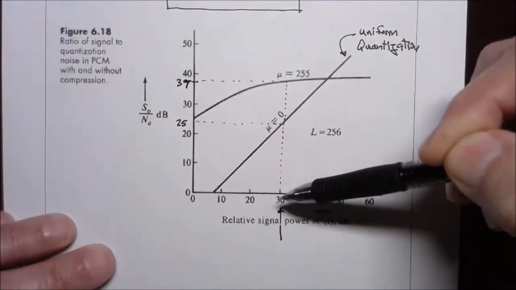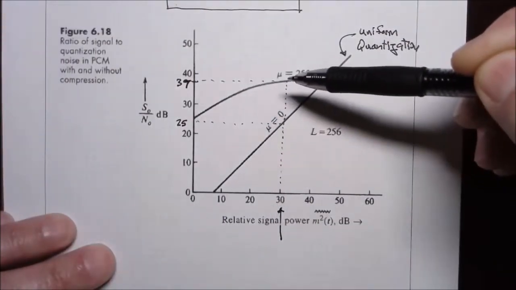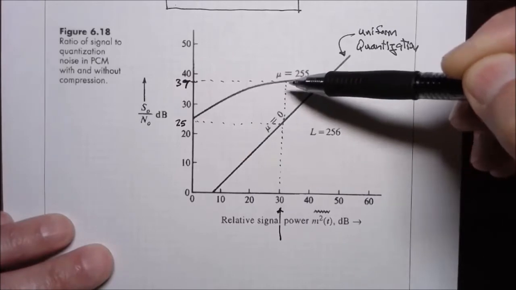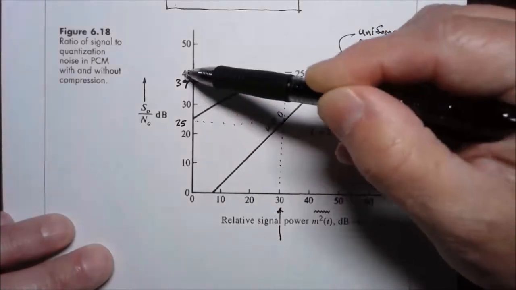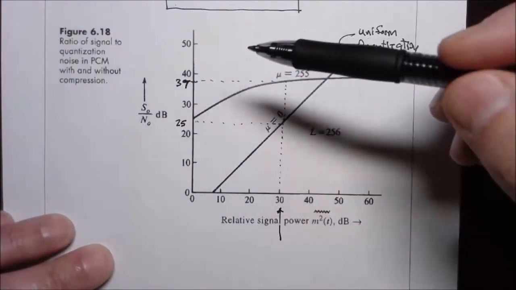So with this smaller signal power, it is an advantage to use the compressor because we get a better signal to noise ratio.